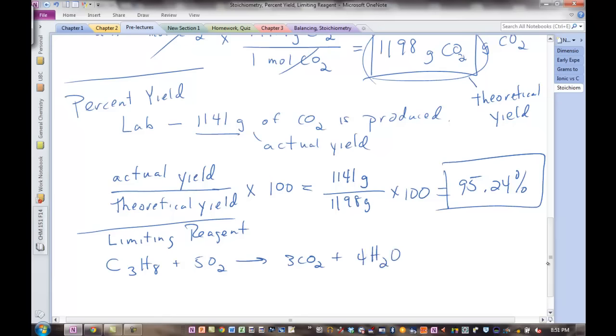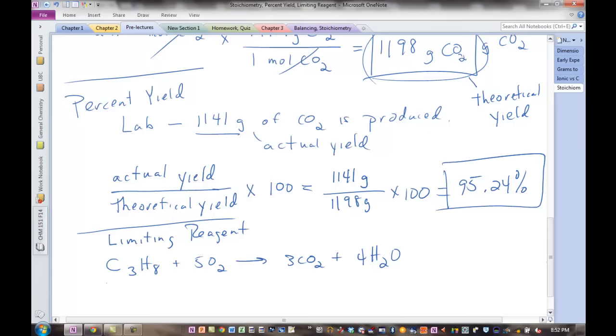Let's say that I'm going to change this now. A lot of the problems you'll work will say so much of this reactant was reacted with excess. So in effect, what that problem is doing is it's telling you which reactant is going to run out first. But what if I give you the amounts of both reactants?